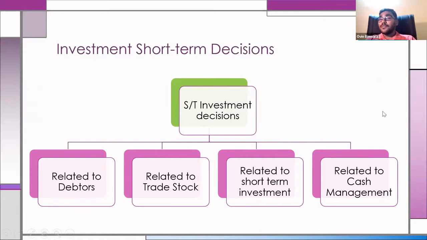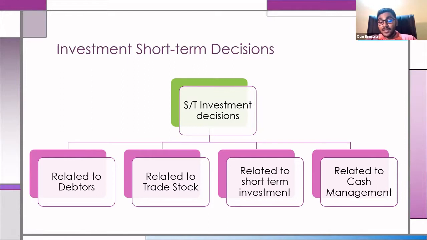Then related to other short-term investments, maybe you have invested in commercial paper, maybe you have invested in treasury bills, or related to cash management, whatever cash you have in your hand right now, how you are going to put it into different opportunities with the intention of getting a better benefit out of it.